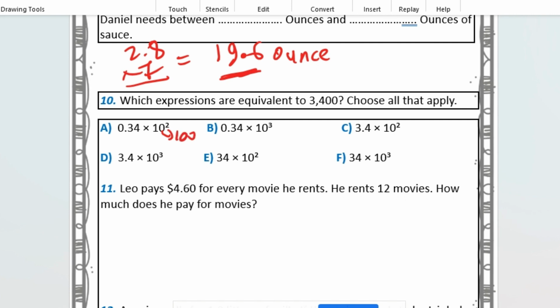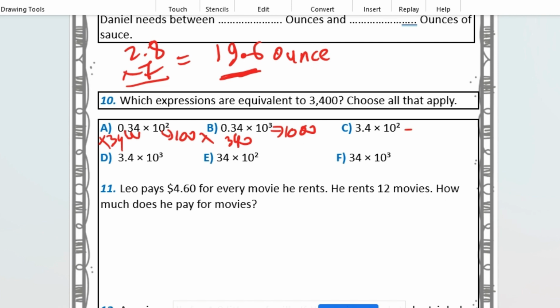So when we multiply by 100, the decimal point moves 2 units to the right. So this should be 34, which is incorrect. Now, when we multiply by 10 to the power of 3, this is 1000, so it will move 3 units. So this is 340, which is also incorrect.